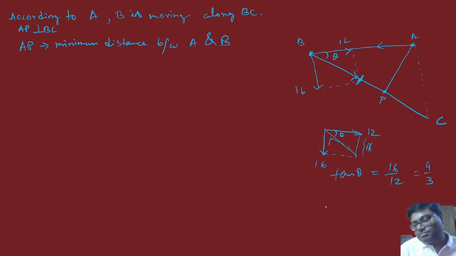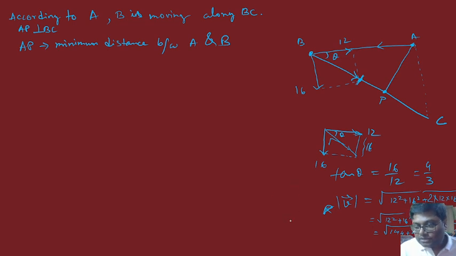This is the resultant velocity. Resultant velocity v equals root over 12 squared plus 16 squared plus 2 into 12 into 16 into cos 90 degrees. Cos 90 degrees is 0, so it is 12 squared plus 16 squared, 144 plus 256, root over 400, which becomes 20.